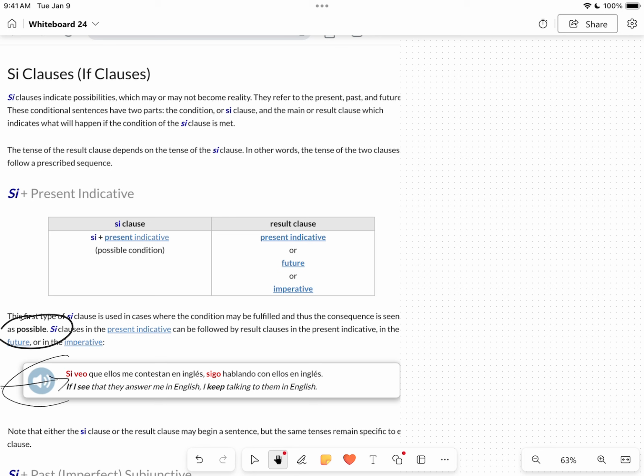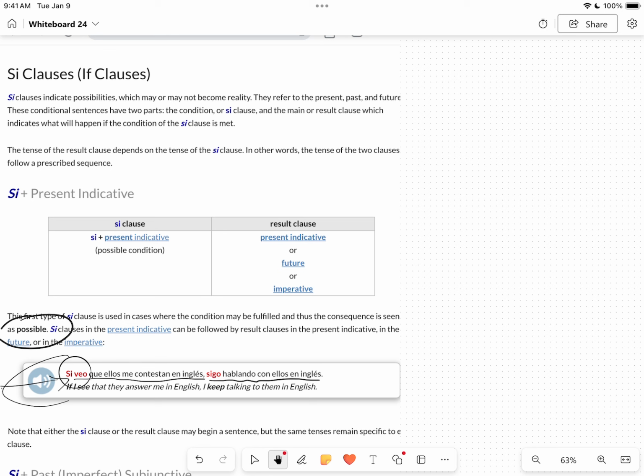Okay. So look at this example down here. It says, if I see that they answer me in English, I will continue speaking with them in English. So if I see, this is present indicative, right? Veo is just your indicative, present tense, and there's a C before it.